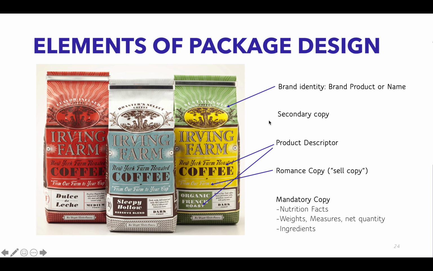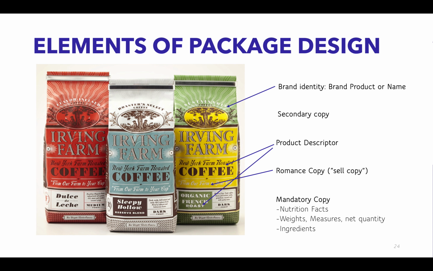So, brand identity, which is the brand and product name; secondary copy, which is any additional information, the product descriptor, so farm roasted coffee, organic French roast, those are both product descriptors. Romance copy, or often called sale copy, so from our farm to your cup.